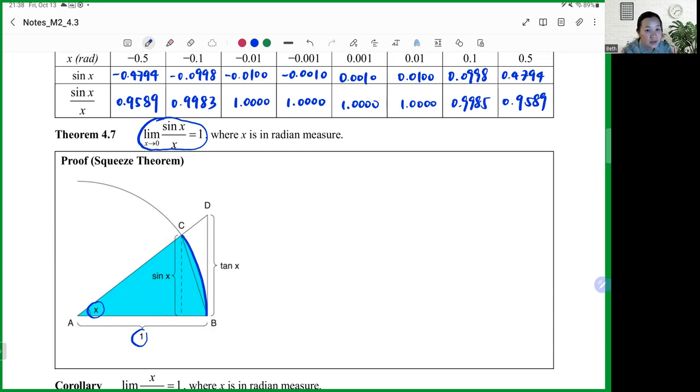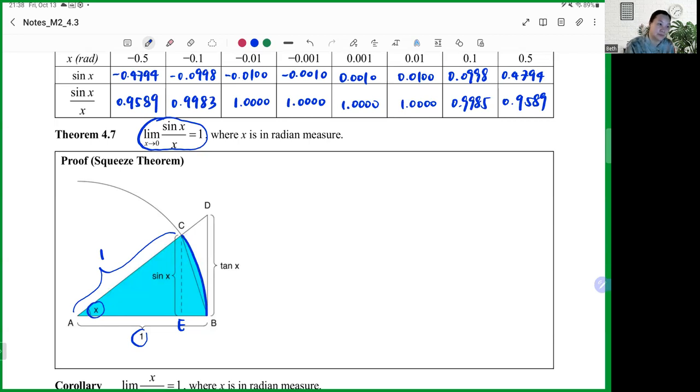Second, let's look at the meaning of sine. Sine x equals the opposite divided by the hypotenuse. In this case, the hypotenuse is 1. So in this triangle, which I call ACE, CE divided by 1 is equal to sine x. So CE equals sine x. Geometrically, sine x equals CE.